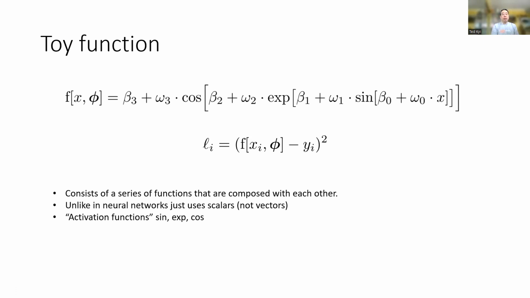In this case, there's a question in the chat about activation functions. Yeah, these are not necessarily realistic activation functions. What we're trying to do is just a toy example where we're doing a series of calculations. And what we want to show is how much each of our parameters, omega 0, beta 0, omega 1, beta 1, influences the final output of this combined function.